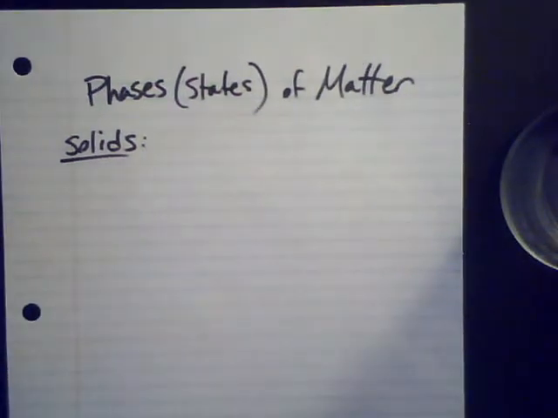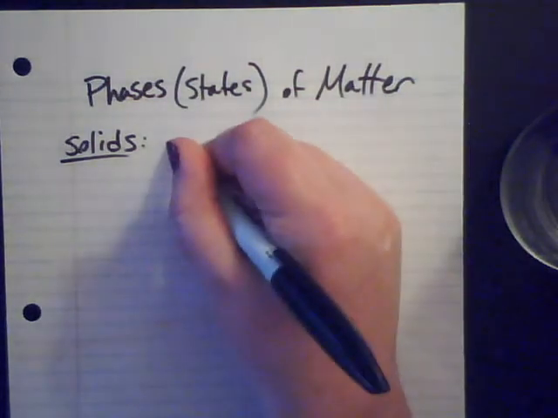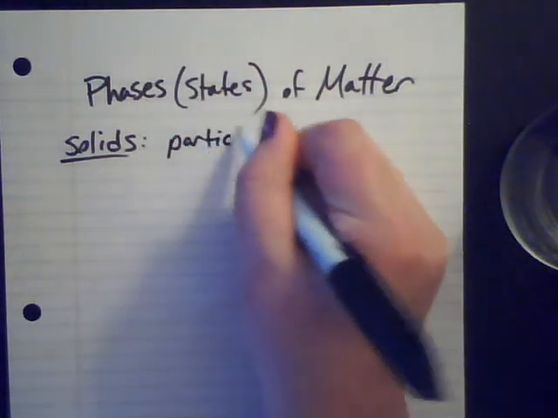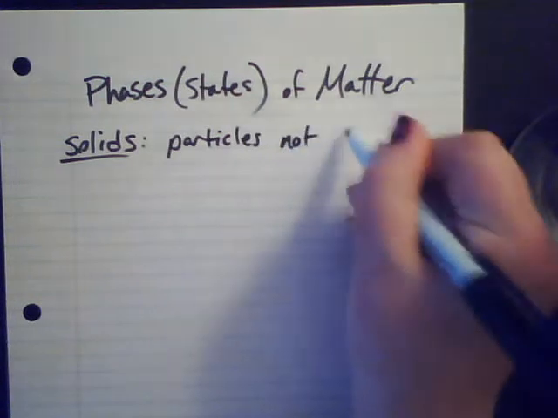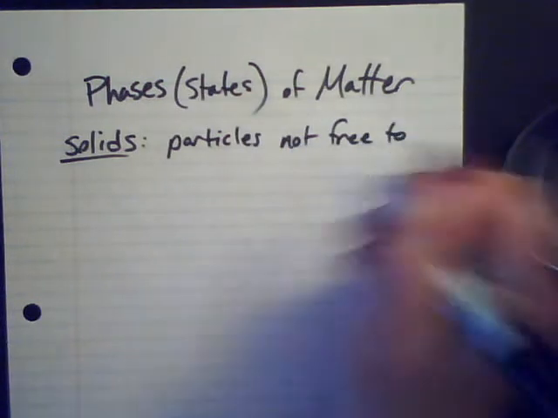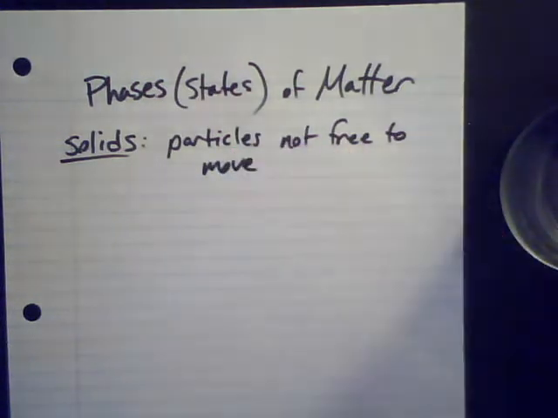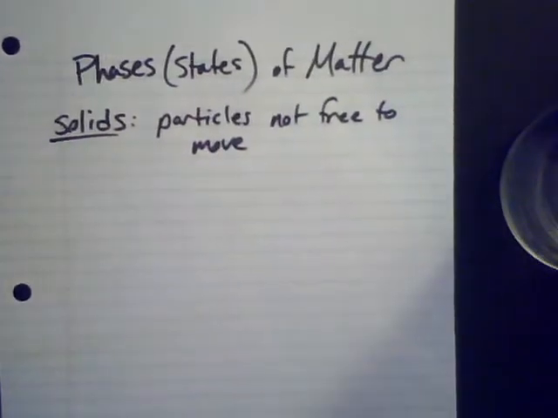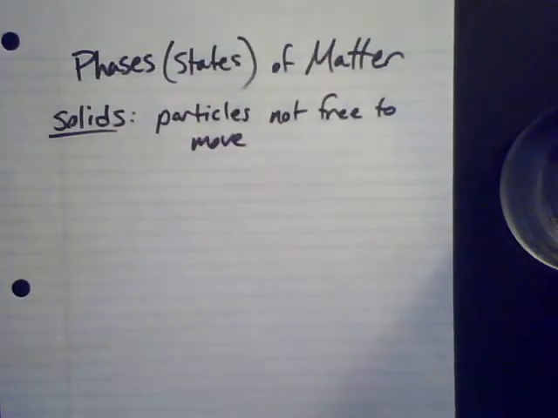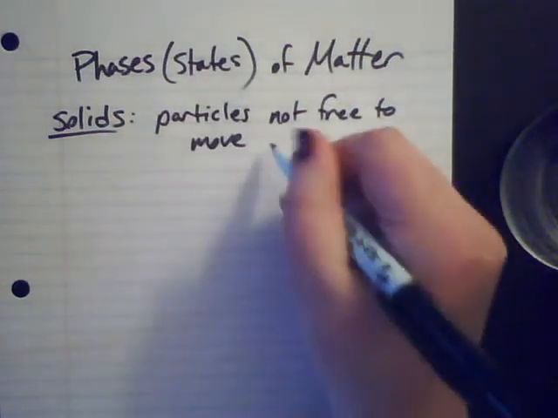Now we said we can define these phases of matter based on how free the particles are to move around. So a solid, you can maybe intuit that there's not a lot of freedom of motion. And actually in solids, we talk about their particles vibrating, not really zinging around in space.